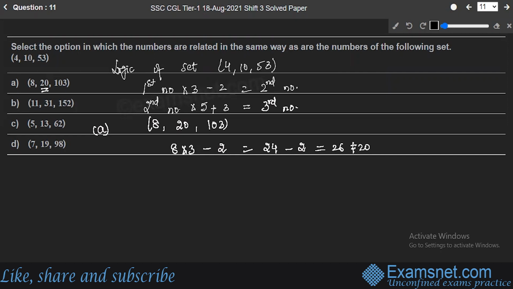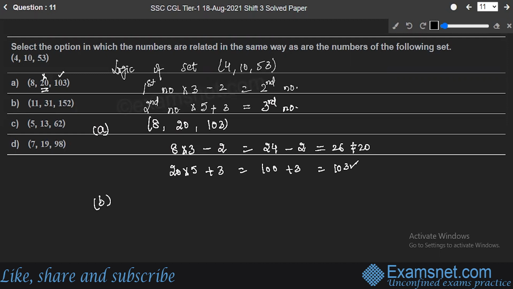Okay. Also, let's go with the next one: 20 multiplied by 5 plus 3 is equal to 100 plus 3, which is 103. This is correct, but since the first step fails, this option is incorrect.